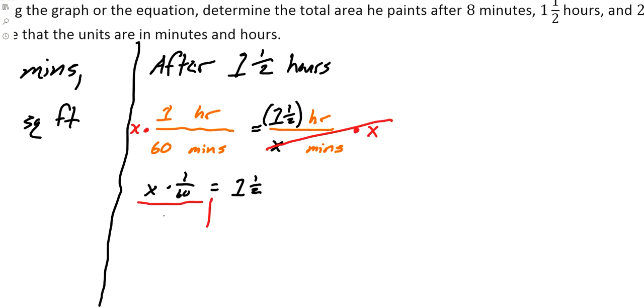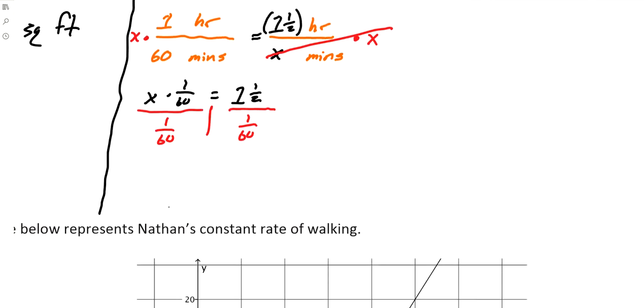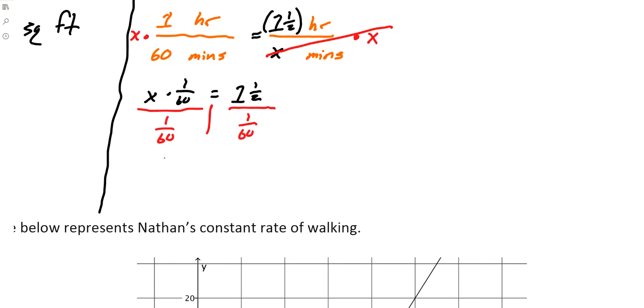So I will divide by 1/60 on both sides. So x equals 1.5 divided by 1/60. You'll get 90 minutes. So x stands for minutes. So 1.5 hours equals 90 minutes.